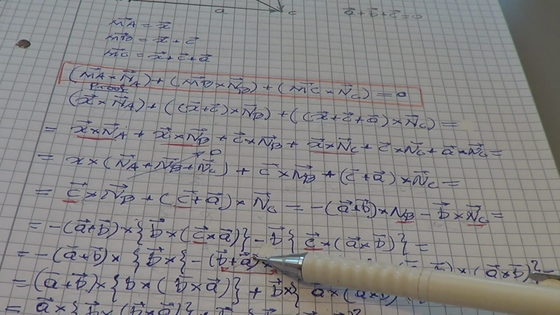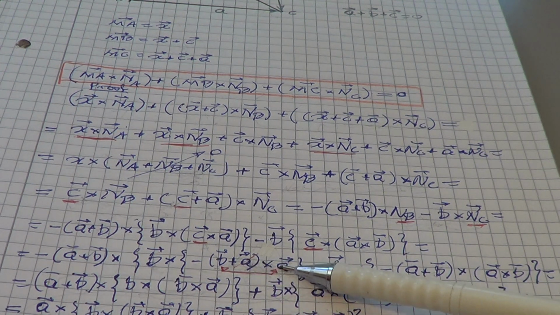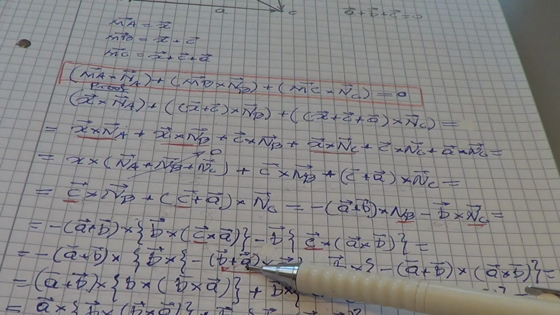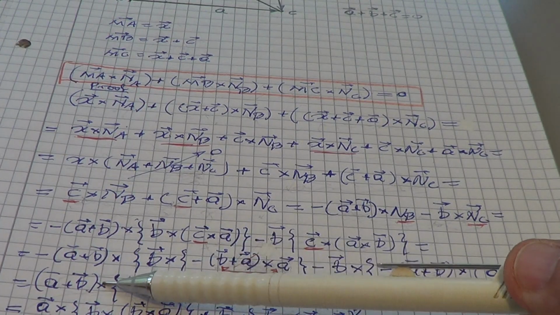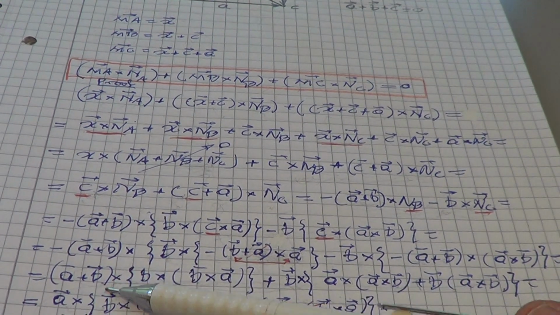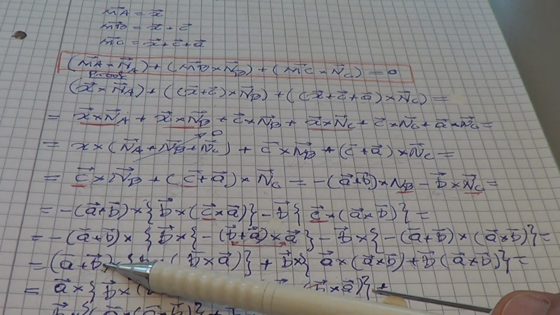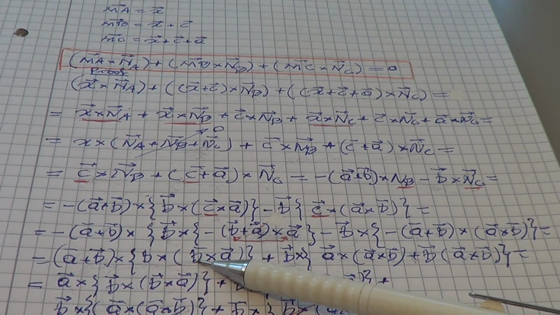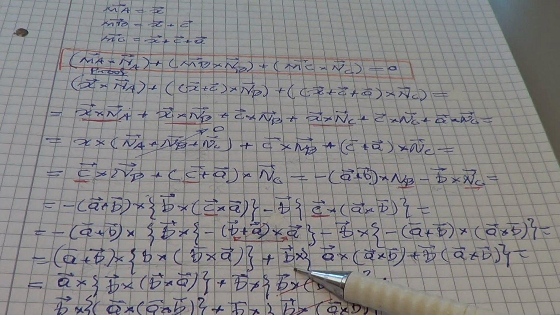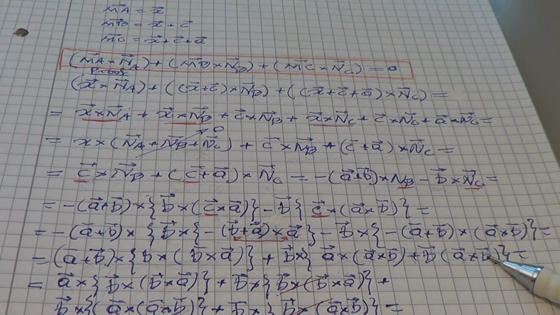Now, A cross A is zero, and therefore this expression becomes (A plus B) dot cross product of B and A, and the same is applied to the other item.